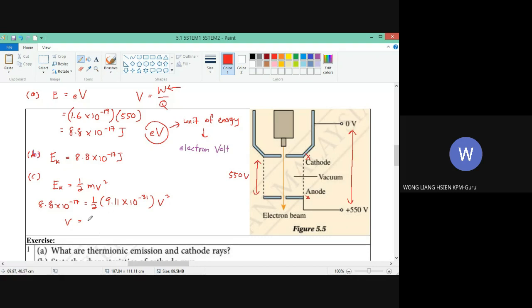Okay, so the velocity would be 138,994.95 meter per second.